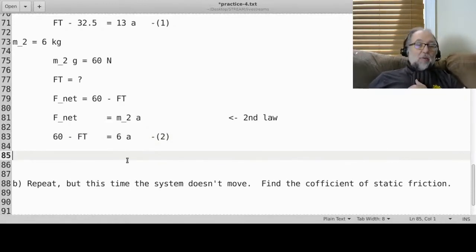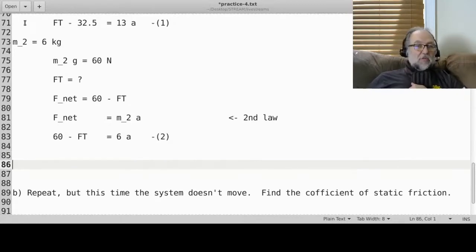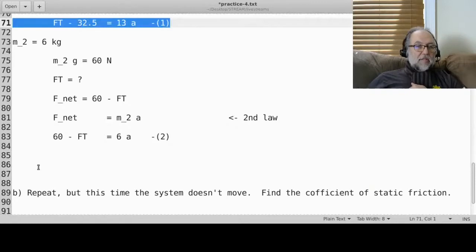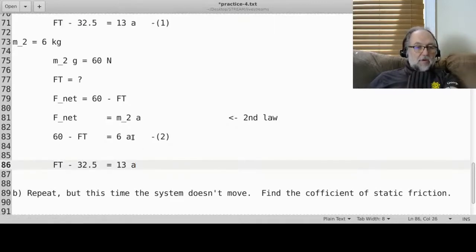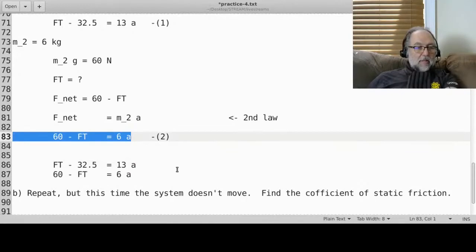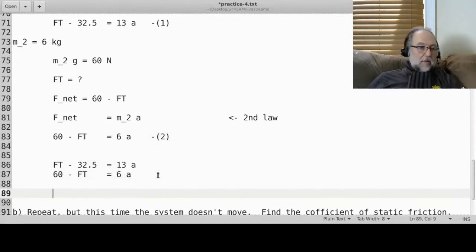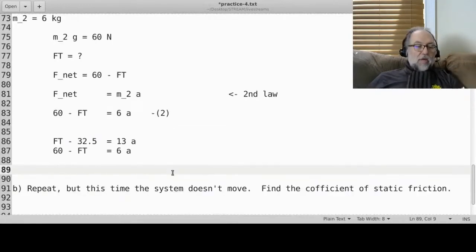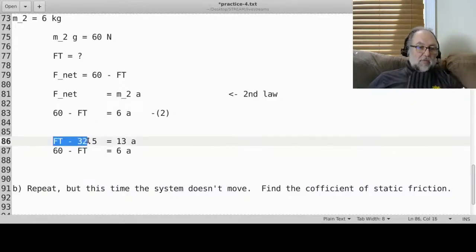You say, well, now what do I do? The rest is really just math. You put these two equations together, this one here and this one underneath. It's very easy to solve: two equations and two unknowns.